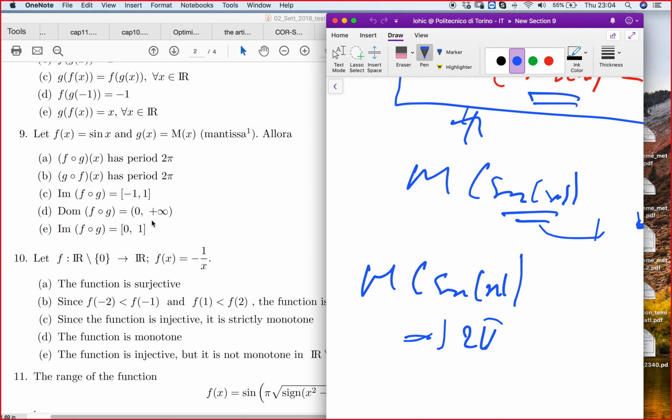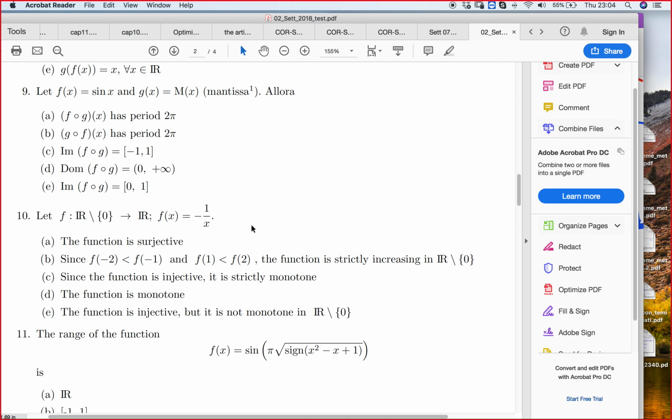It's just computation to find the domain of f composed with g. The image, typically, finding the image is not that easy. So that's why I'm not going to do computations.